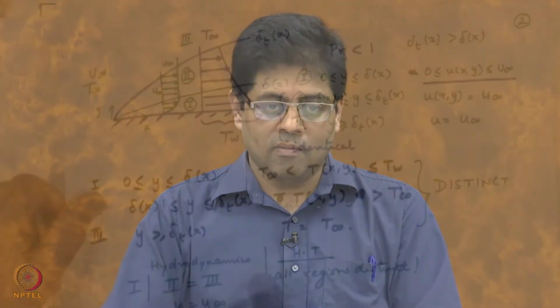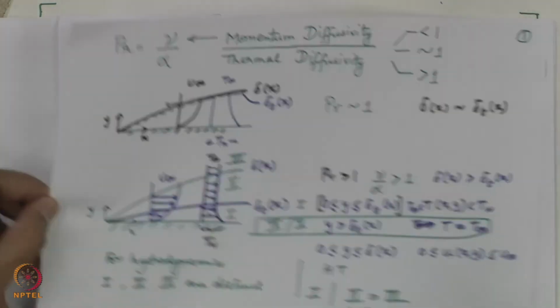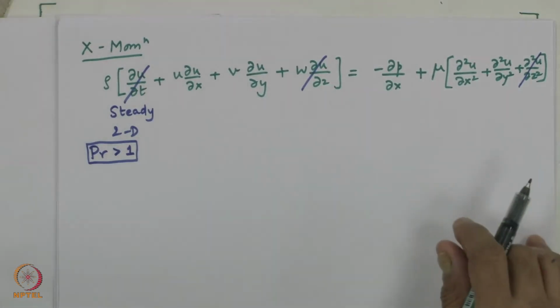The smart way of doing it would be to segregate it into parts where things are going to be different, and we make use of the fact that you are going to have this kind of behavior or this kind of behavior. So, let us take Pr greater than 1 and Pr less than 1 cases.